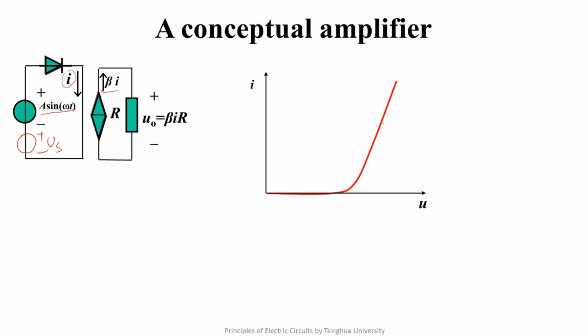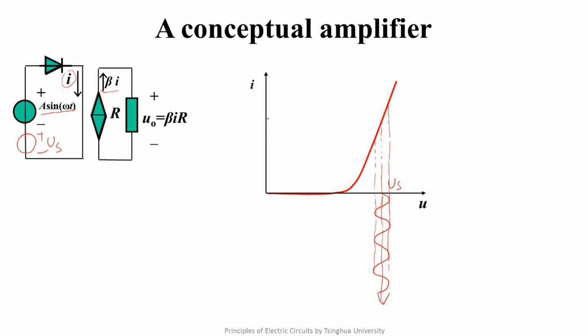It ensures that the diode always works around US. At the same time, it is a sine wave changed in a smaller range. It's like this. We ensure that the input is a small AC superimposed with a DC.